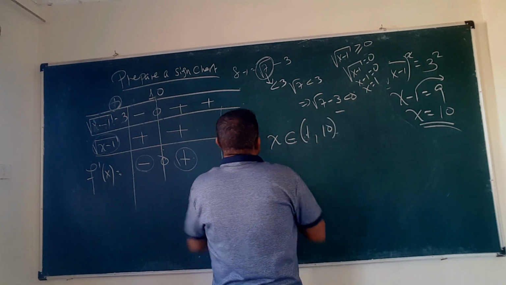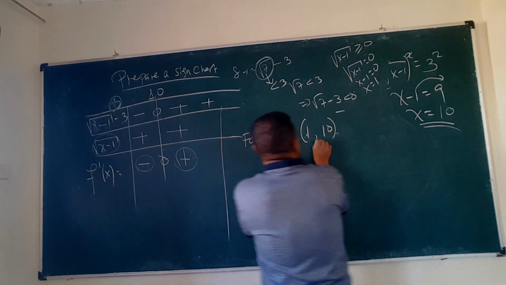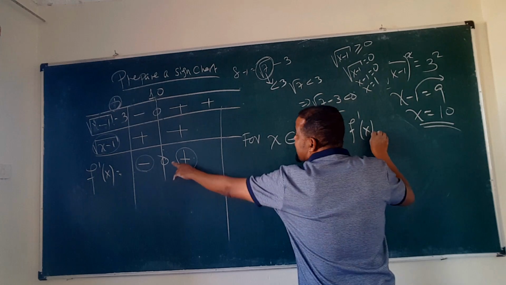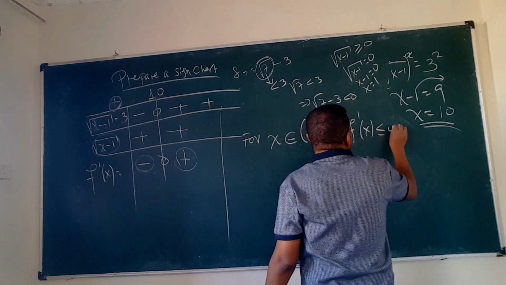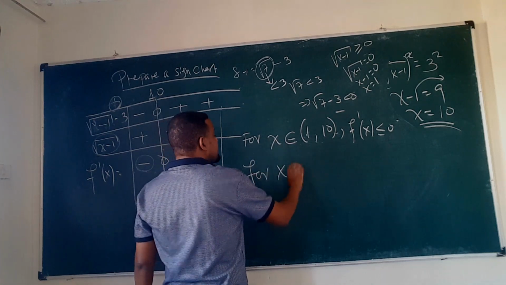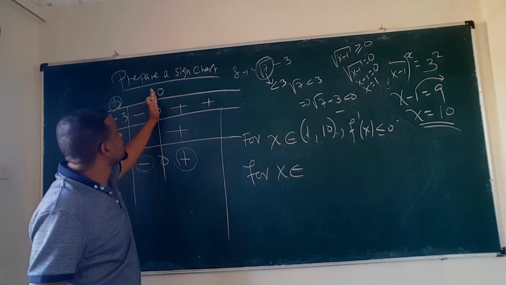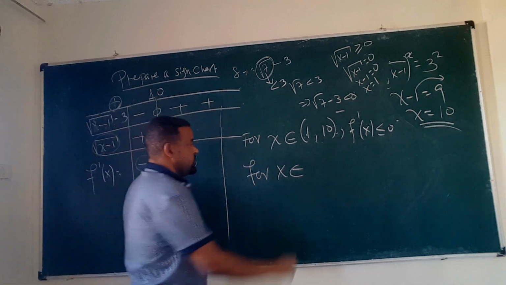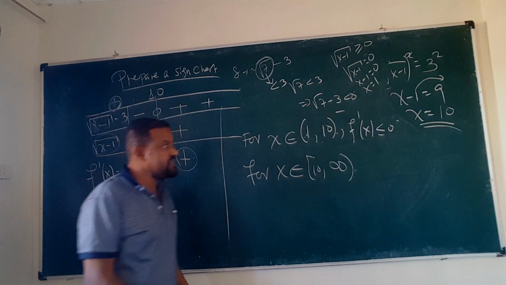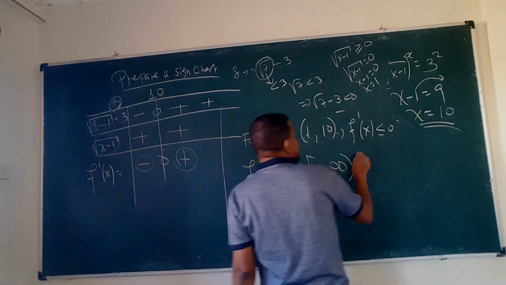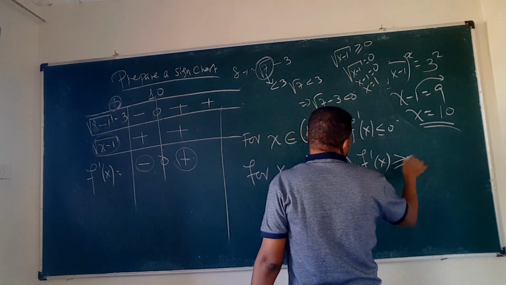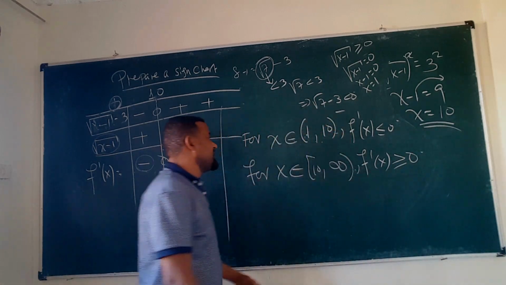For x in this interval, the first derivative is negative, less than 0. For x in the interval from 10 up to infinity, the first derivative is positive, greater than or equal to 0.